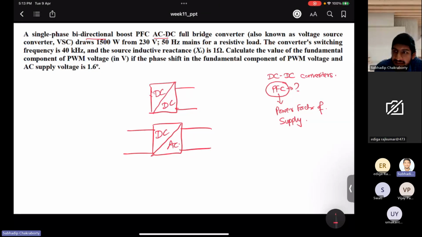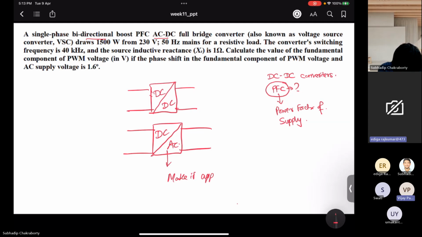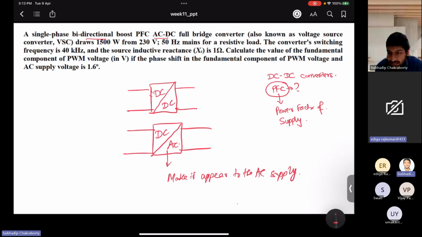Yes, so what I'm telling is that we may have some DC loads or we may have AC loads, doesn't matter. But what we want is that these converters make it appear to the AC supply unity power factor.